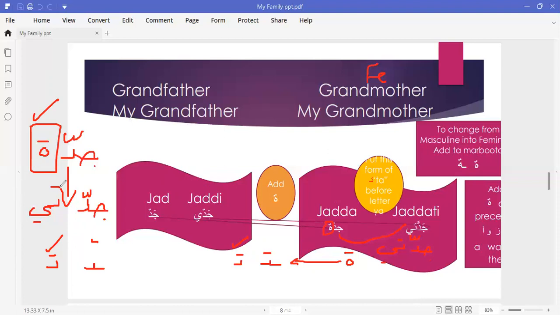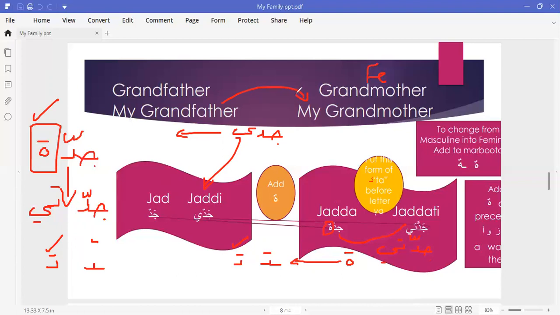So the rule to change from the same feminine group, grandmother, into my grandmother, is that you only have to add ya, but the form of ta marbuta has to be changed. Let's look here if you want. From masculine into feminine, you want to change jaddi into jaddati. This is jaddi, okay? I want to change my grandfather into my grandmother.